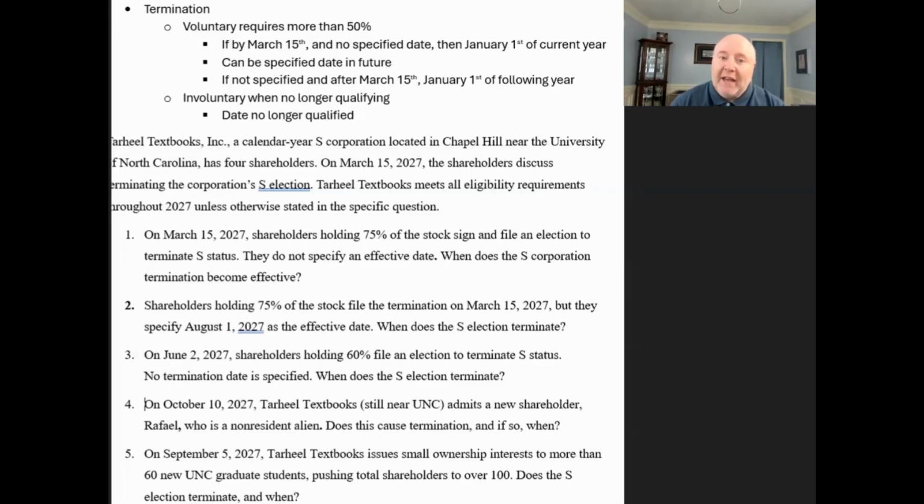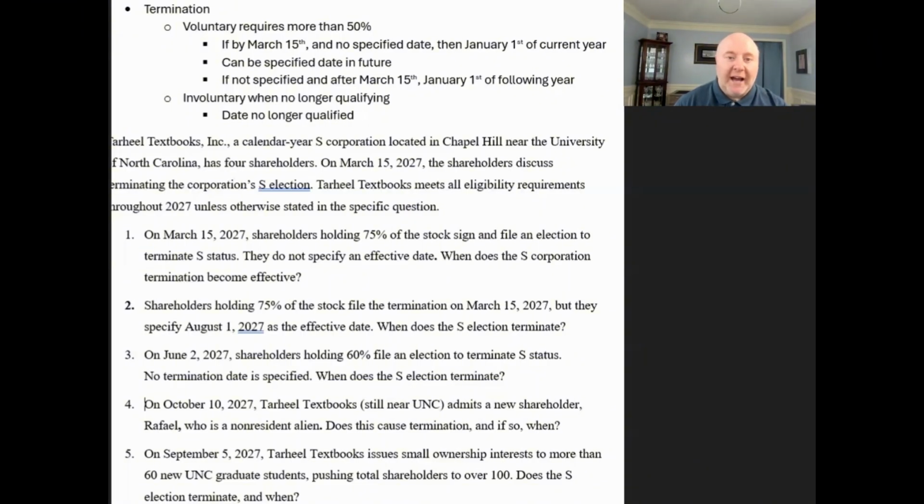Now, if you made the election, say on March 16th, and you don't specify a date in the future, what's going to happen is because it's after the 15th day of the third month, that termination will not be effective until January 1st, 2027. So now you've got to get all the way through the year, and that termination will become effective January 1st, 2027.